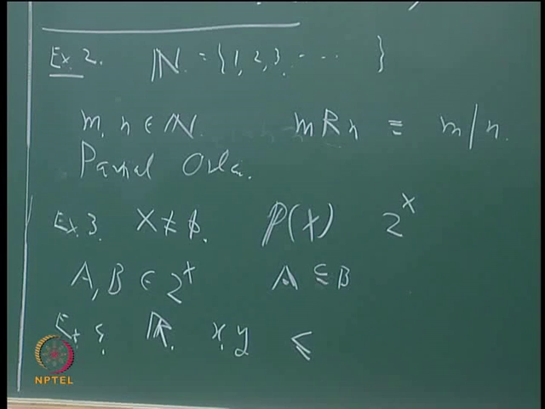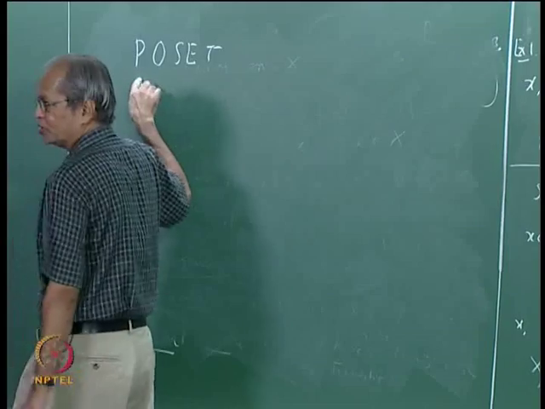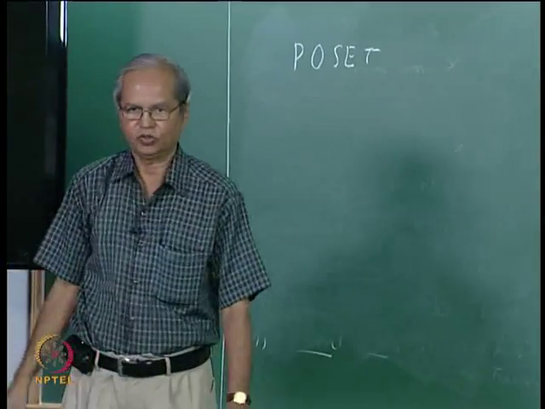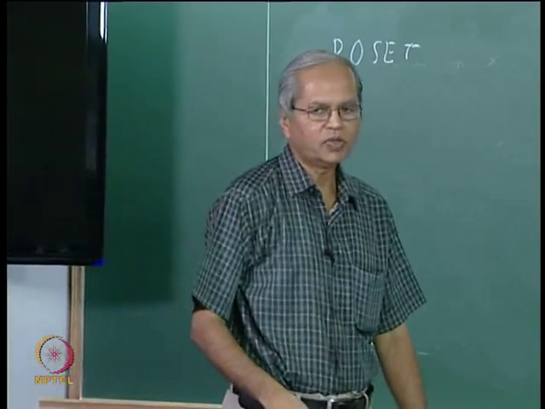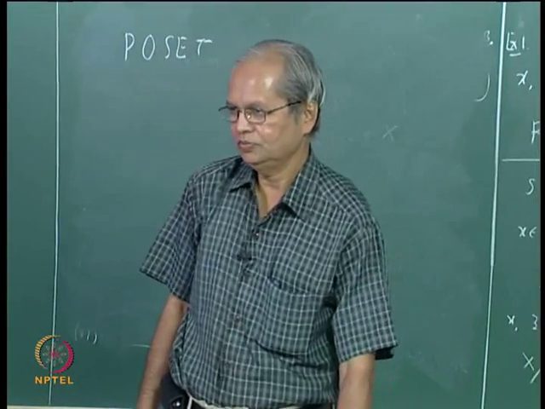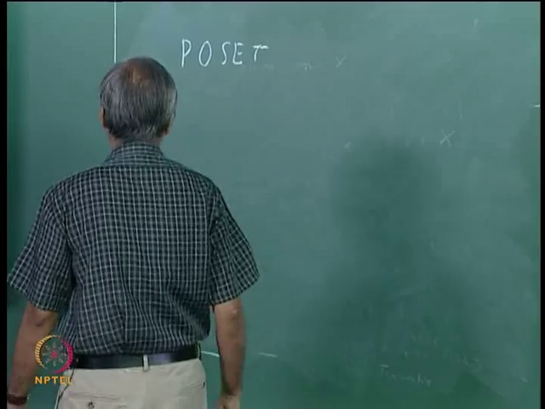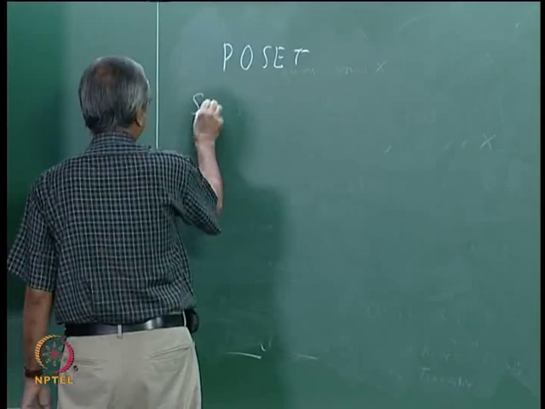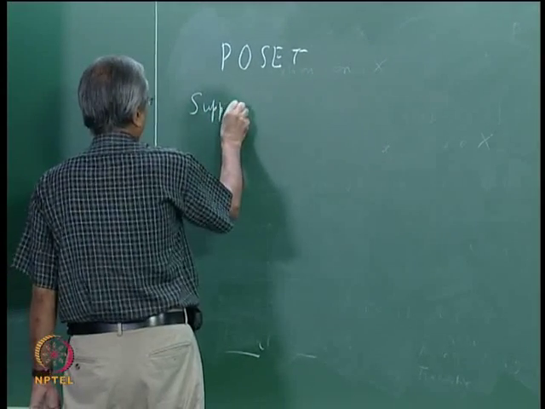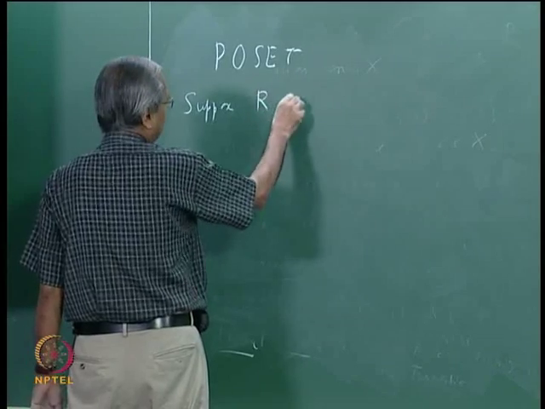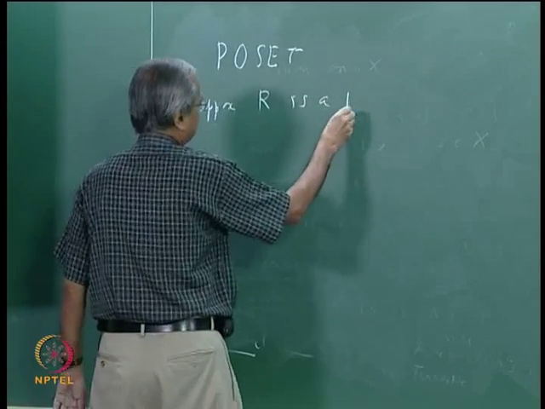This is the standard terminology for this. It is called a poset, that is, partially ordered set, meaning a set on which a partial order is defined. Now suppose R is a partial order on X.